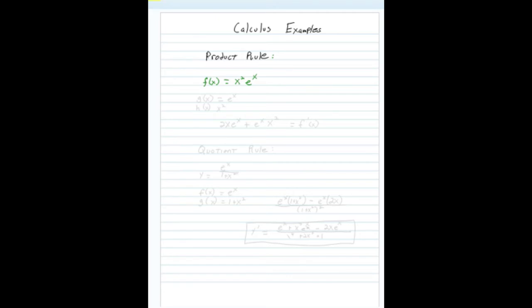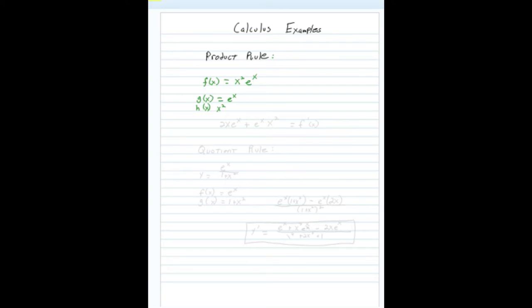Okay, so the way of thinking of this is something like, okay, if we're calling this f of x, let's say g of x is equal to e to the x, and h of x is x squared. Those are the two functions that we're dealing with, and we're going to use the product rule.